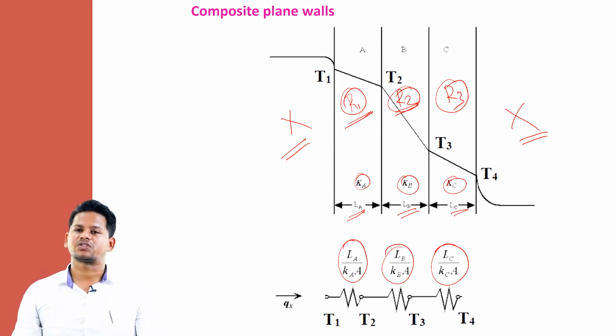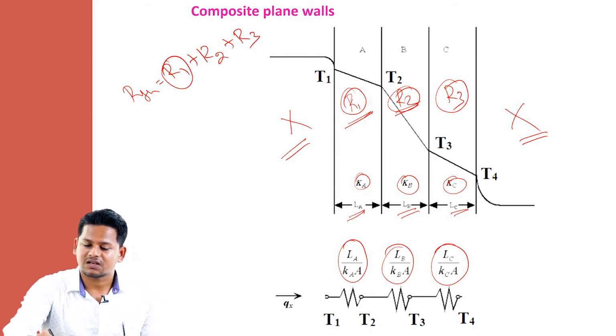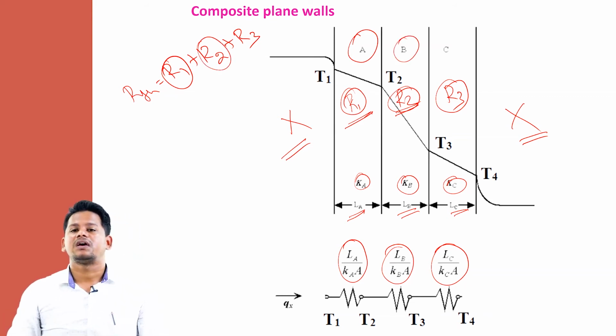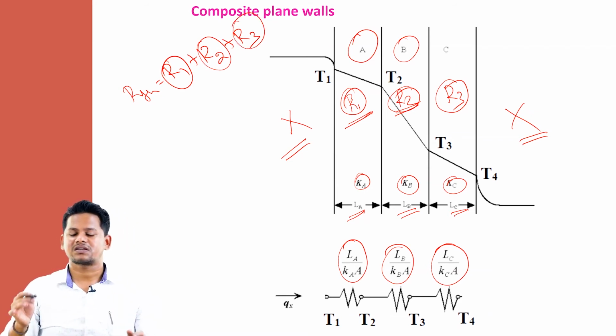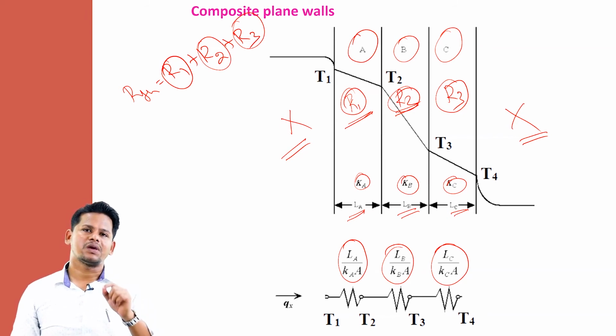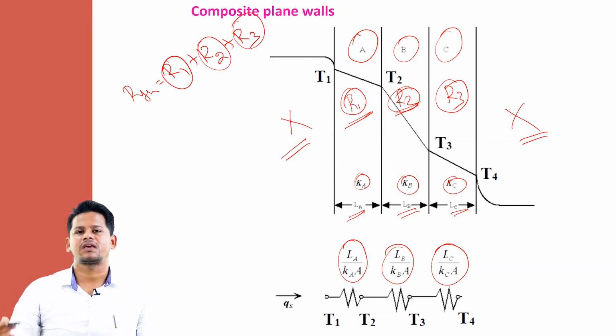So easily we can find the value of RTH. RTH is nothing but R1 plus R2 plus R3. R1 is the thermal conductive resistance of material A, R2 of material B, and R3 of material C. The formula is L by Ka: L1 by K1 A1, L2 by K2 A2, L3 by K3 A3.